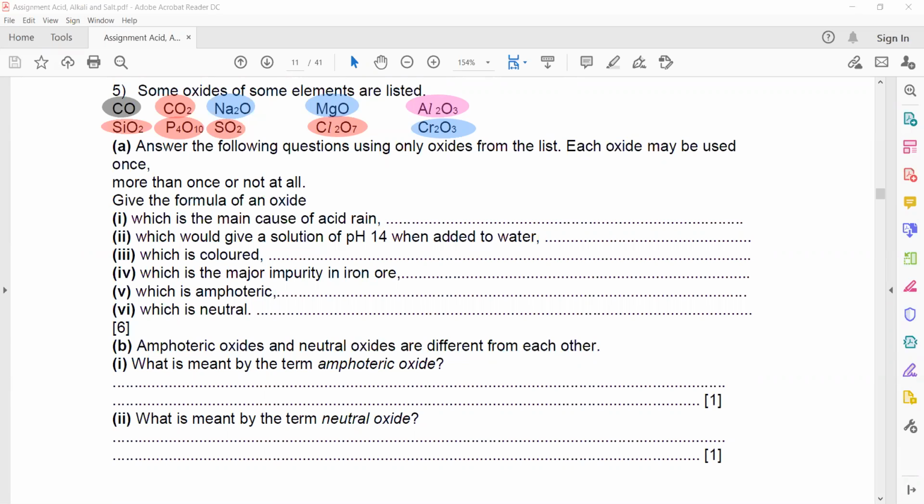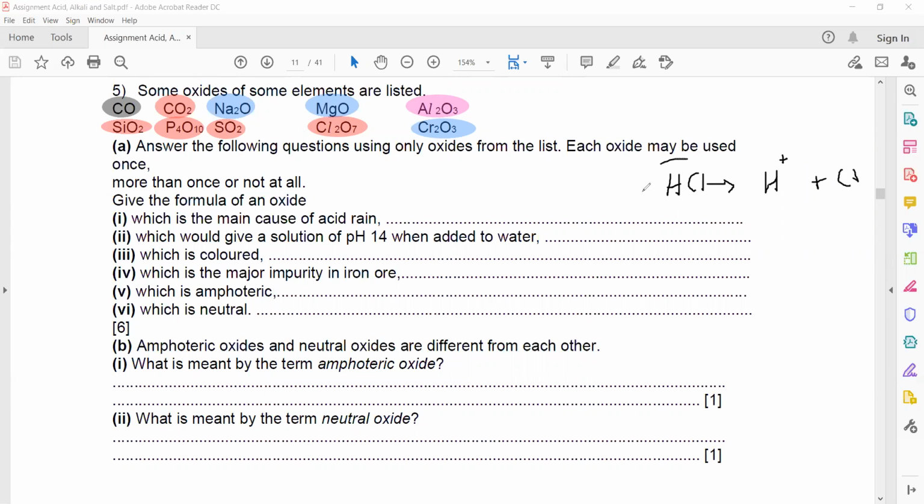So acidic oxide can react with base, basic oxide can react with acid. Acid is a different thing, acidic oxide has a different meaning. Acid means a substance which can donate protons, acids are proton donors. Like if you have HCl, this HCl will dissociate into H plus and Cl minus.